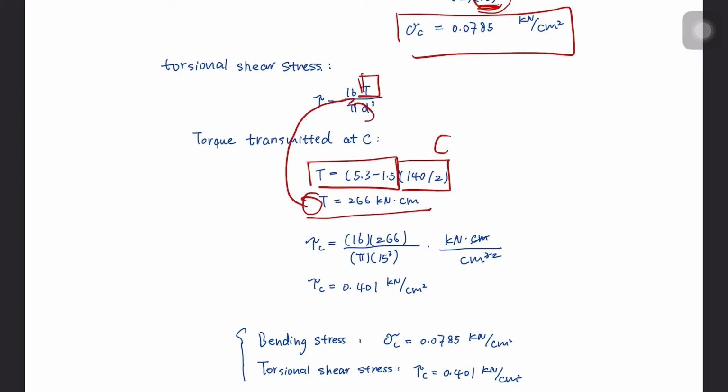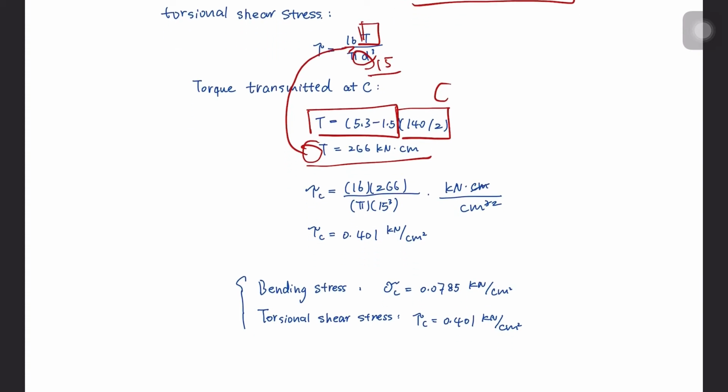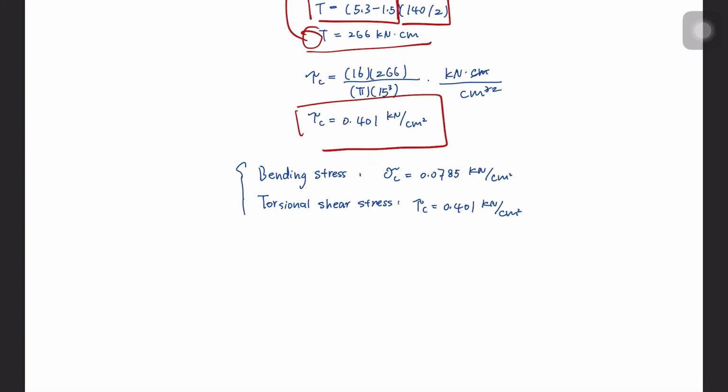And again, D is the same thing, it's also 15, given in the question. It's the diameter of the rod. And then we can just calculate the torsional shear stress at C, which is 0.401 kilonewtons per centimeter squared. It's the same unit. And here's the answer for part D.